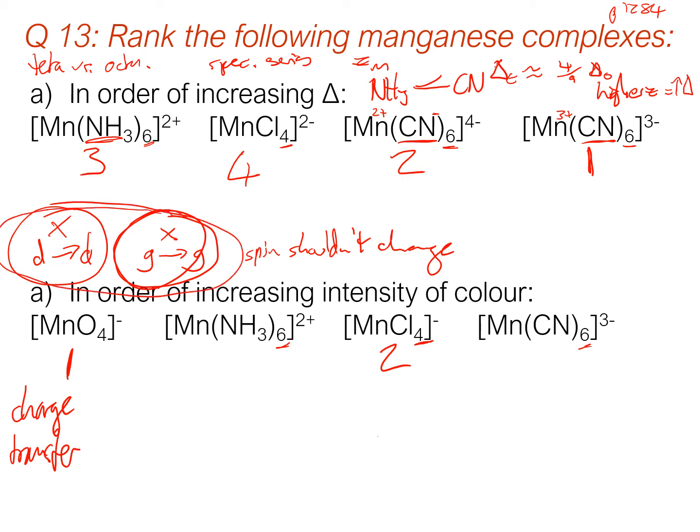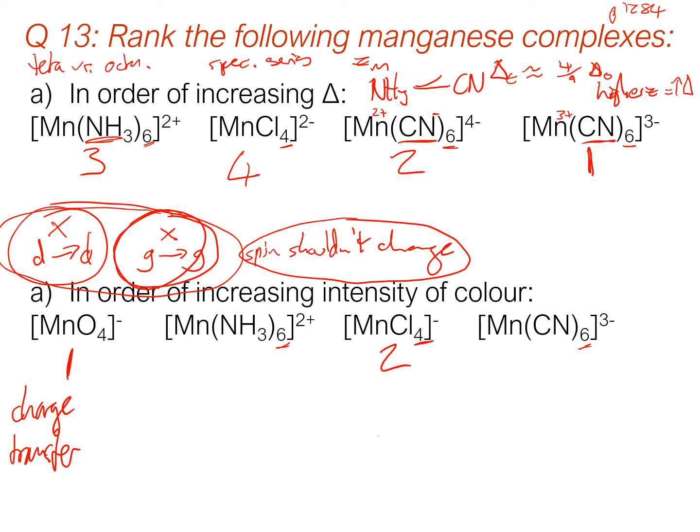So it's just coming down to the third selection rule for these 2, that the spin shouldn't change. So let's have a look at the electronic configuration of the manganese and see in which of these the spin will change and which of them it won't. Because that's the only difference between these: in one of them the spin will be able to stay the same, and in one of them it won't. And that will tell us which is more intense than the other.